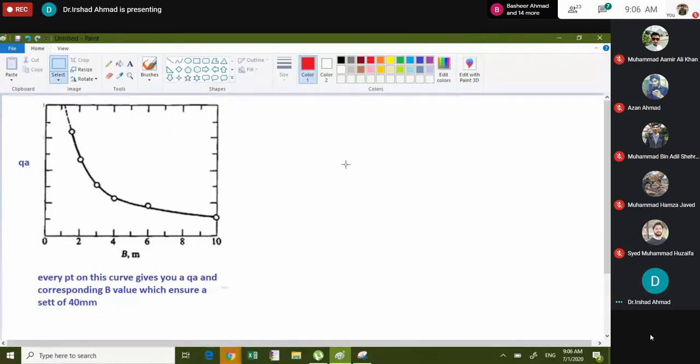The third term includes B, 1 over 2 gamma B. So it means that as the B increases, the QA would increase. So if I plot them, it would be like this. As the B increases, QA increases.